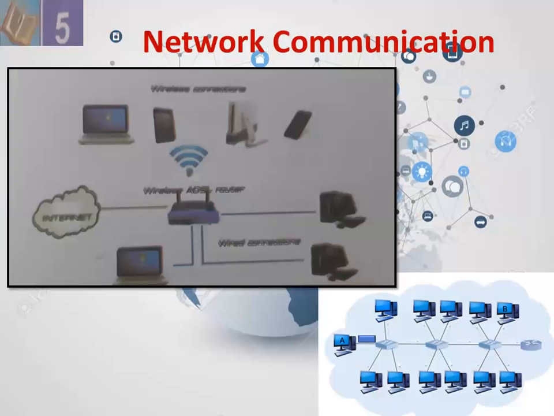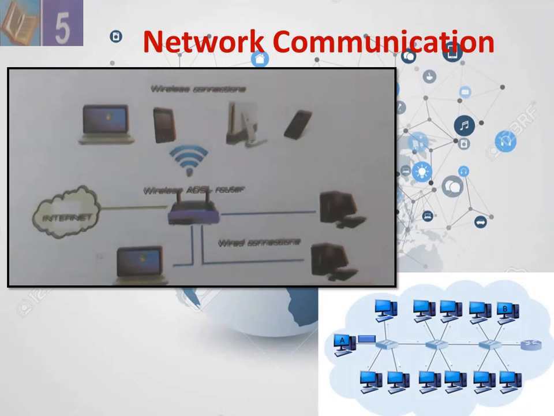So here you can view the network communication. Here we have Wi-Fi, the signals, radio signals. So your computer network is connected with the help of two media: wired media and wireless media.